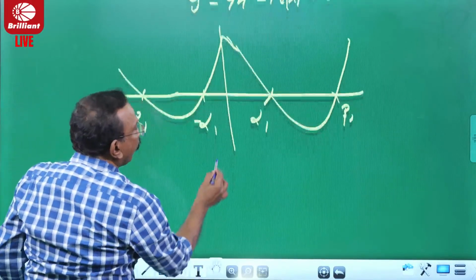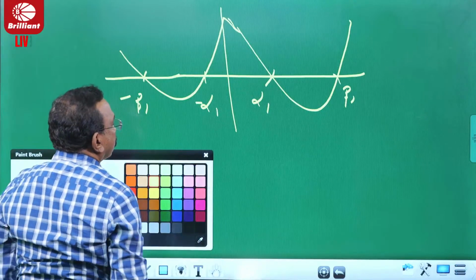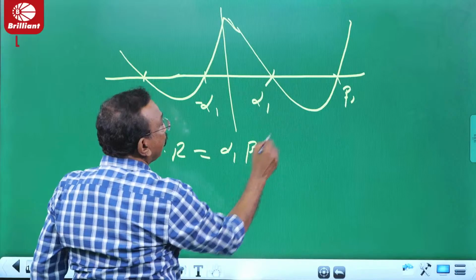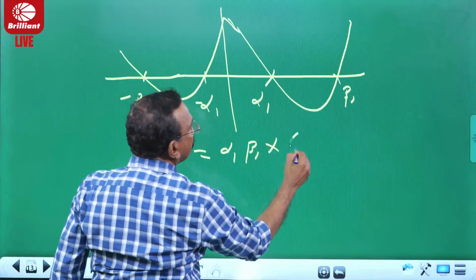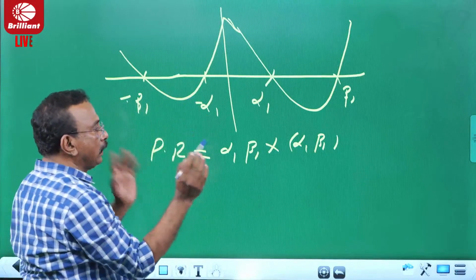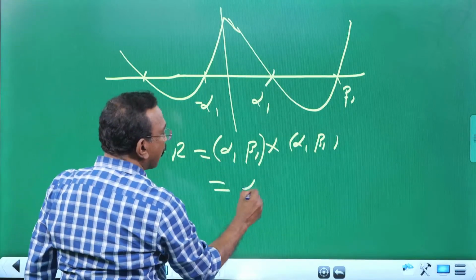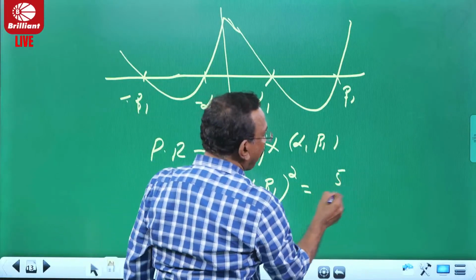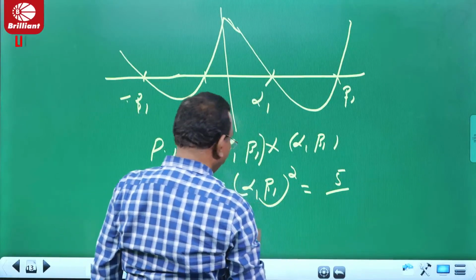Your requirement is the product of all roots. So the product of roots is alpha 1 beta 1 into this also alpha 1 beta 1. You can see this minus and this minus get cancelled because of the modulus sign there. It is alpha 1 beta 1 the whole square. So the product of roots is 5 by 9, as per the question.